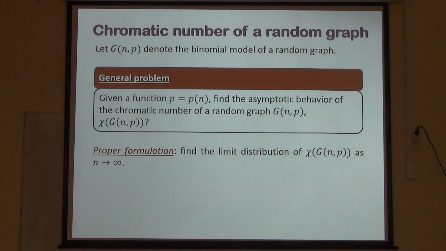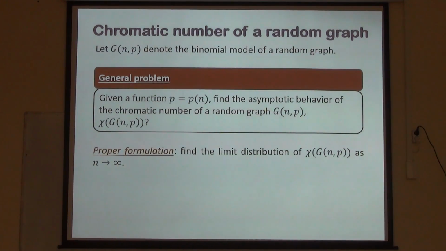So we consider random hypergraphs, but it is always good to start with random graphs because it is a more classical model. Let G(n,p) denote the binomial model of random graphs, which means that we have n vertices and, with probability p, every two vertices are joined by an edge independently of each other.